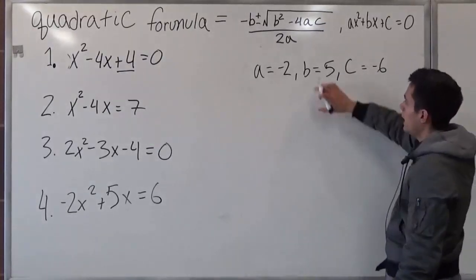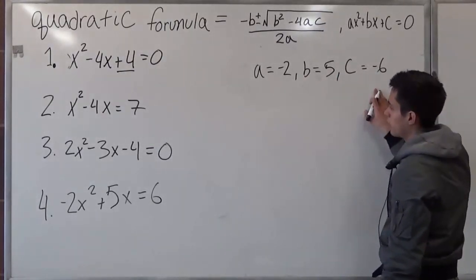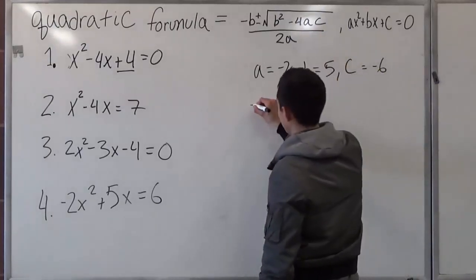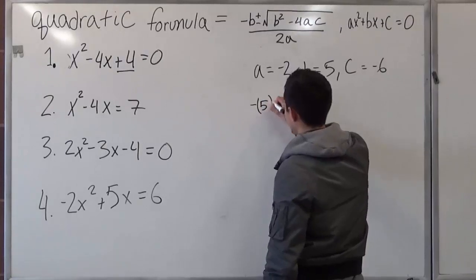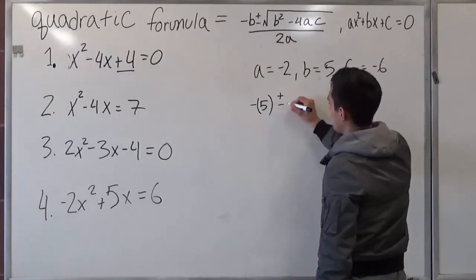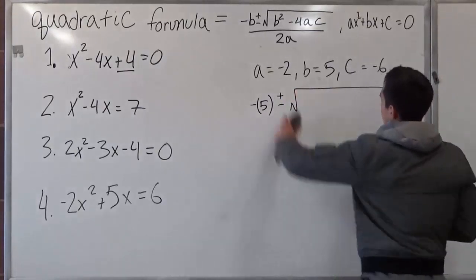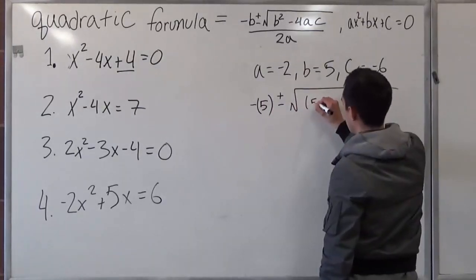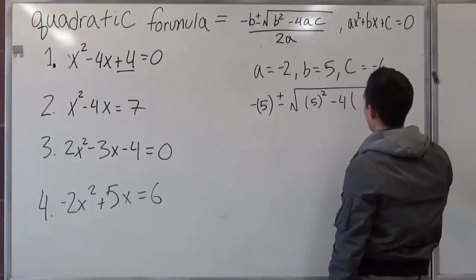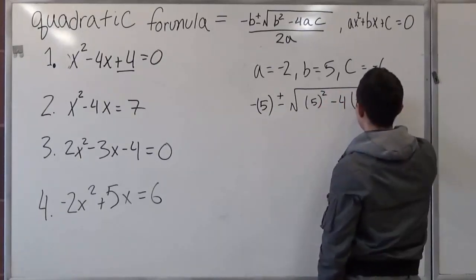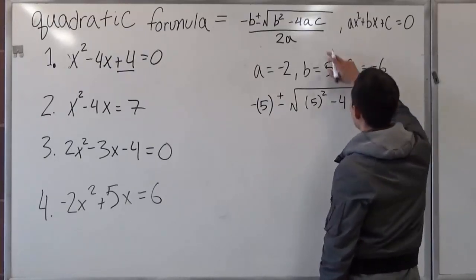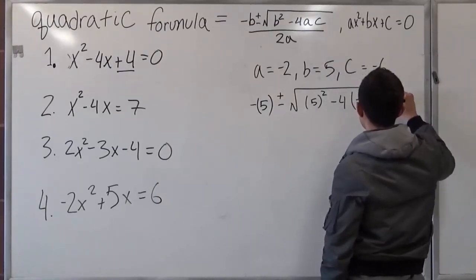So now we have our numbers so that we're able to plug them in to our formula, which is very simple. So it would be negative 5, because B is 5, plus or minus the square root of B squared, so that becomes 5 squared, minus 4 times A, which is negative 2, and times C, which is negative 6.